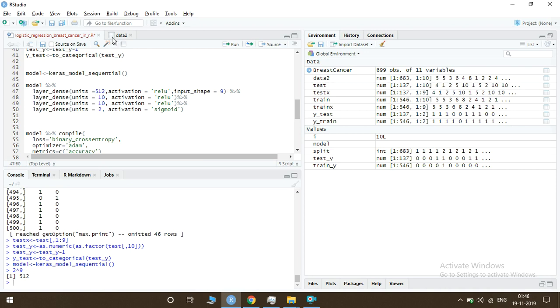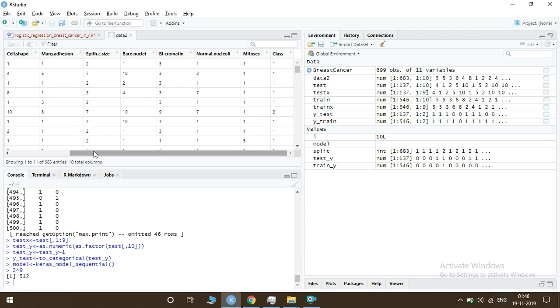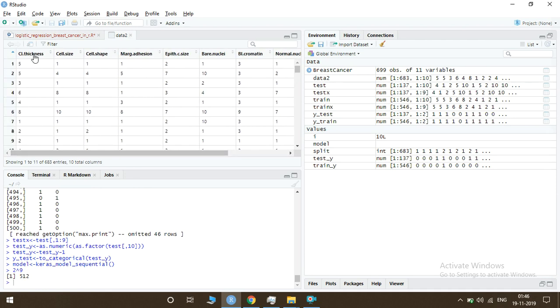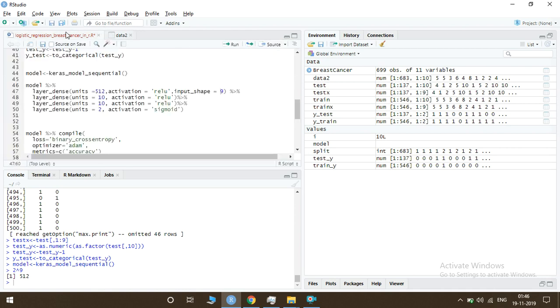Our input would be the number of independent variables, from 1 till 9. This would be the input to the deep learning module.